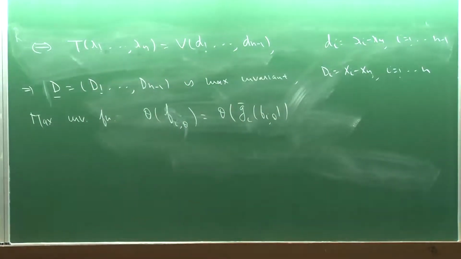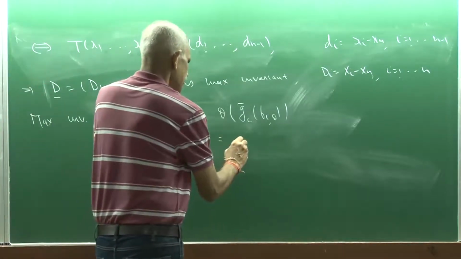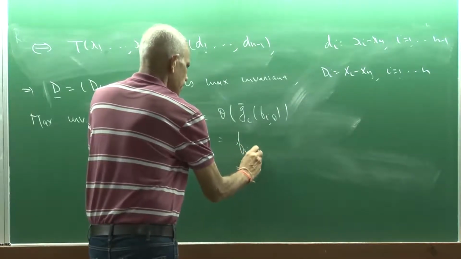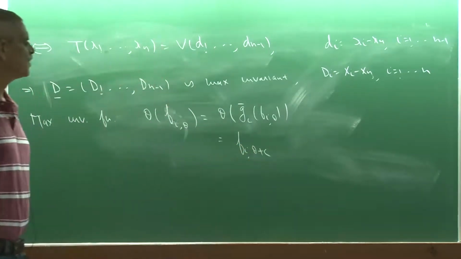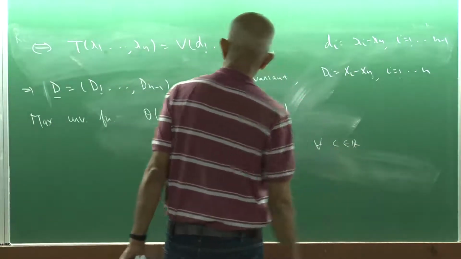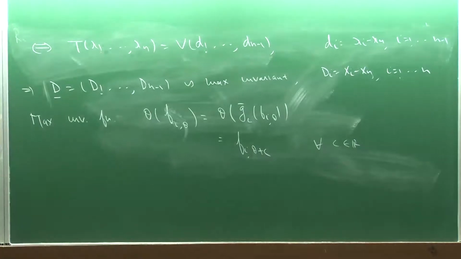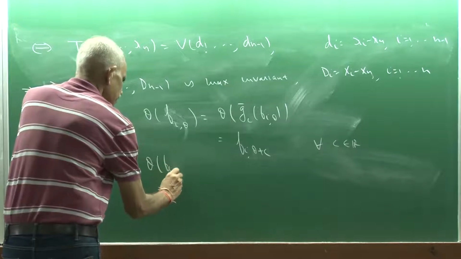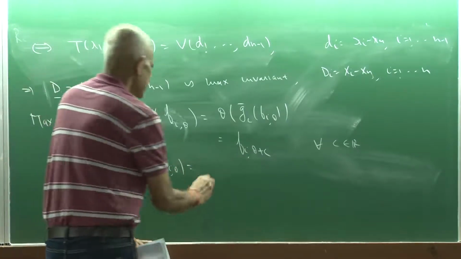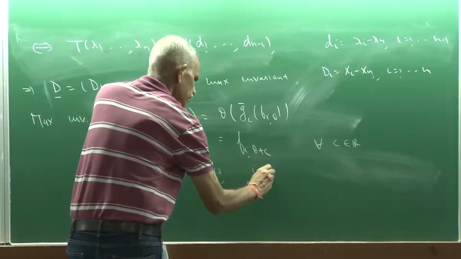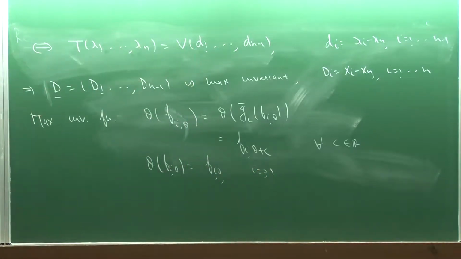I should put here G bar c, right? Because which is the same as how much? Fi of theta plus c for every c. What does that mean? That means c I can take as minus theta. So this implies that theta of Fi theta is the same as Fi 0. So that means just theta vanishes.